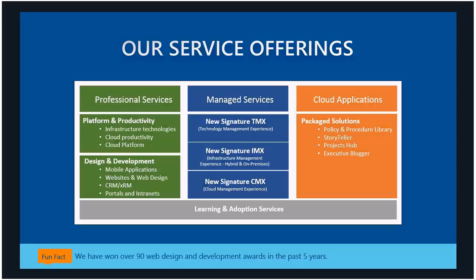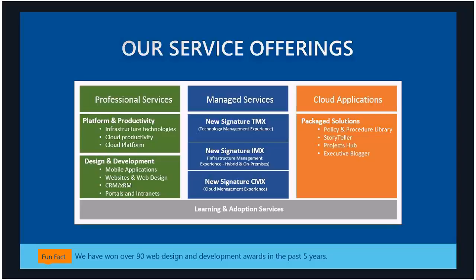Our service offerings are broken into 3 pillars: professional services, managed services, and cloud applications. So just briefly, professional services consist of our consulting capabilities. So it's divided into 2 practice areas: platform and productivity, and custom design and development. Our managed services include our advisory and operational services that we provide on a recurring basis to our customers.